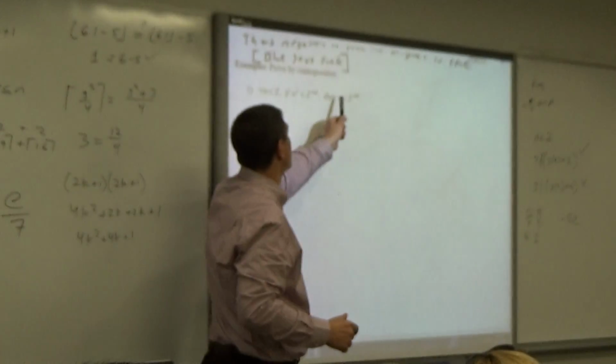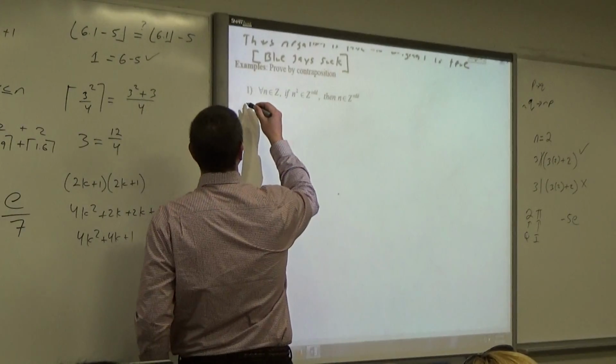So the first thing we need to do is write the contrapositive. If I was to ask you guys, what is the contrapositive of this statement? I'm going to put this in brackets.